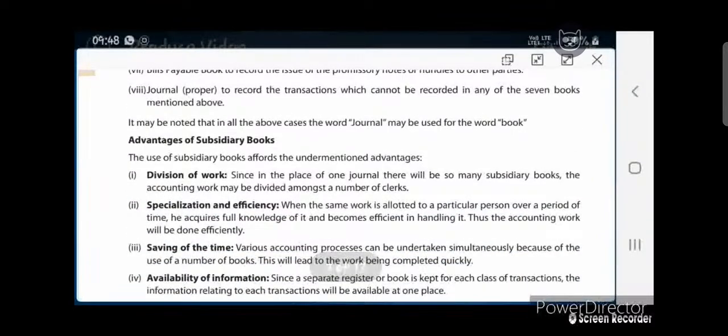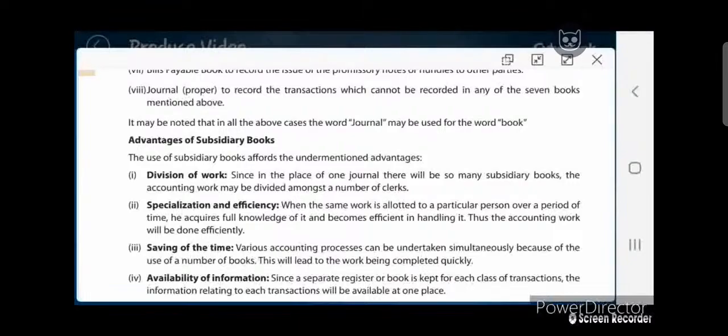Next is the journal. Journal means proper, to record the transaction. It helps you to record the transactions which cannot be recorded in any of the 7 books.